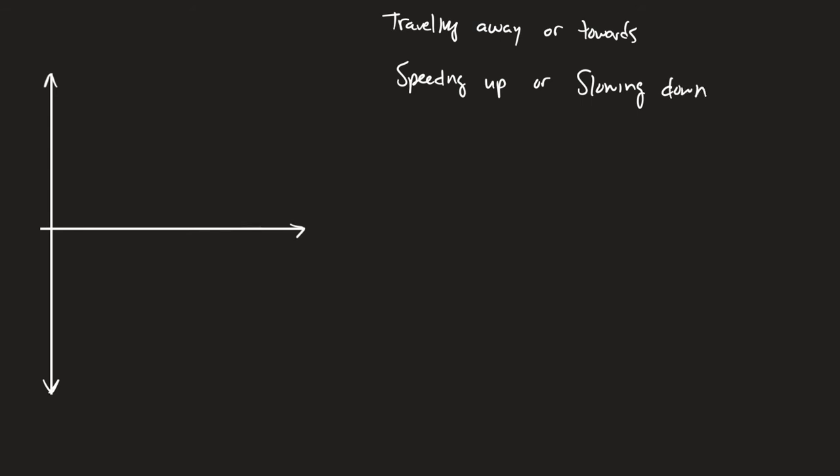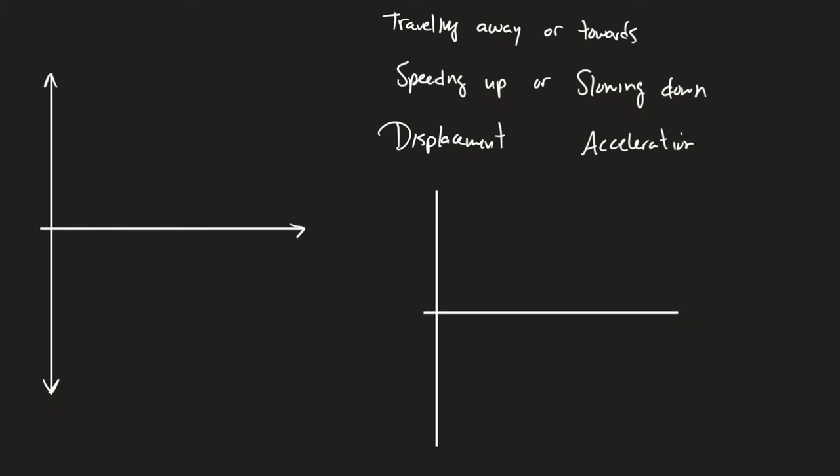What I really would like to know is: is the object traveling away or towards, speeding up or slowing down, what's the displacement, what's the acceleration? And, since you've got all sorts of smarts, maybe just sketch out a quick position graph.